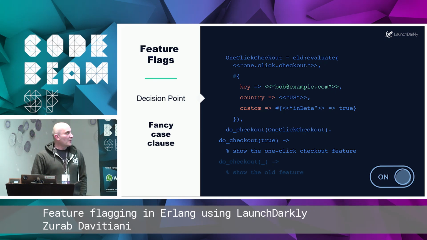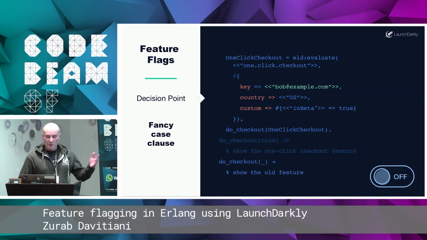In this case, let's say we have a new one-click checkout feature and we pass it the key of the flag, and the user for whom we want to evaluate this flag. And then depending on the result of that evaluation, we choose the path that we want to take. If the flag is on, we would do the one-click checkout, and if the flag is off, then we would do the old-style checkout that we were doing before.